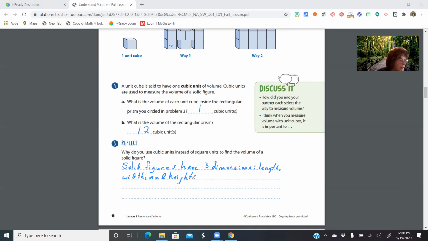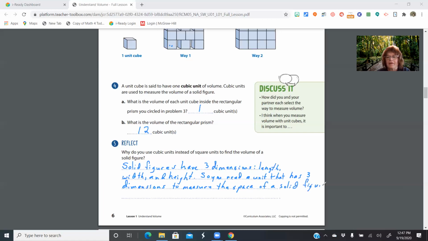So you need a unit that has 3 dimensions to measure the space of a solid figure, which would be, in this case, a unit cube.